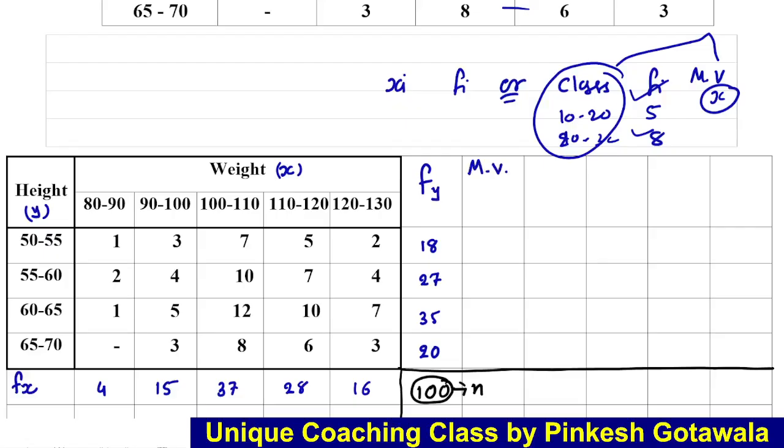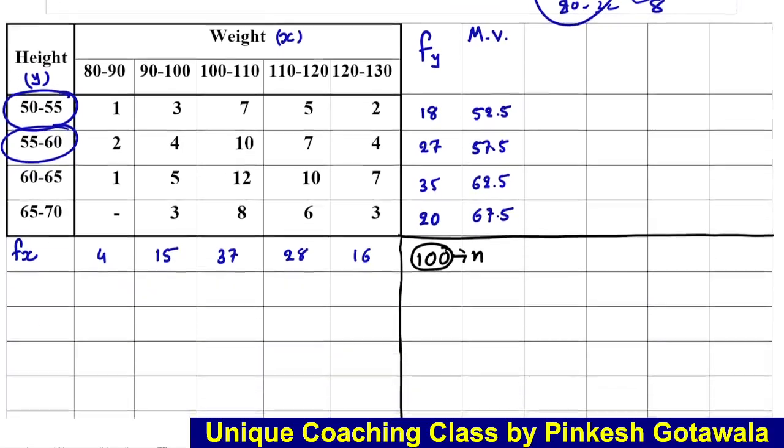Mid value. So let's find out mid value from this class 50 to 55. Its mid value is 52.5. Here 55 to 60, so 57.5, then 62.5 and 67.5. Same here. Okay, the calculation will be the same on both sides.